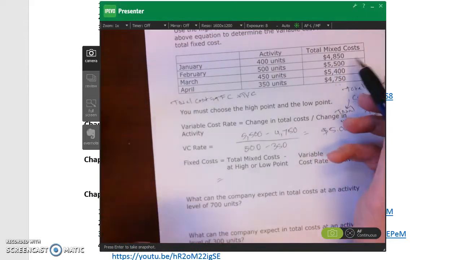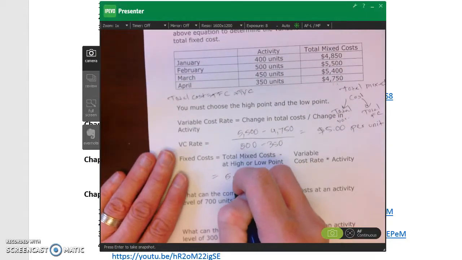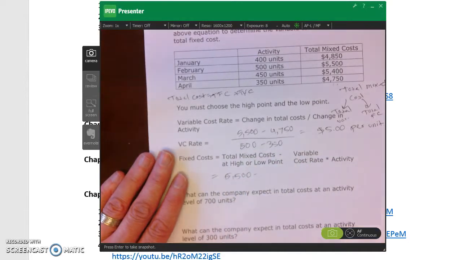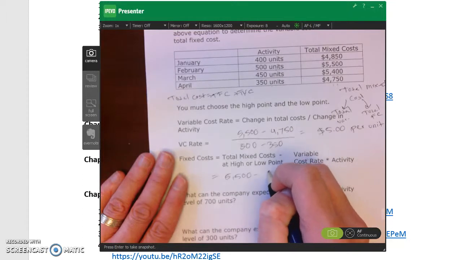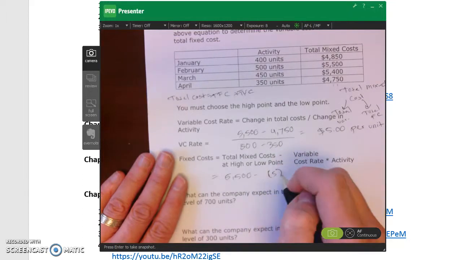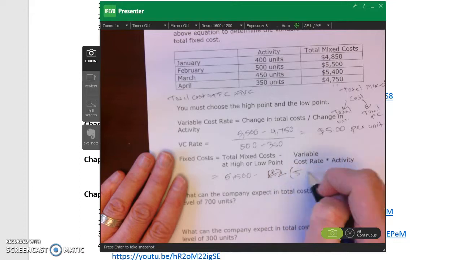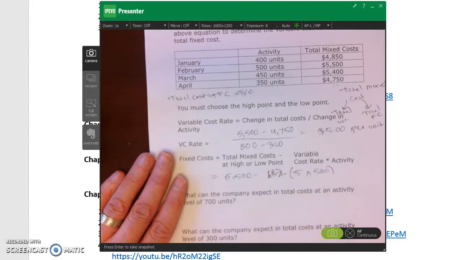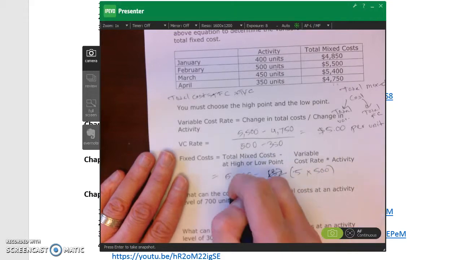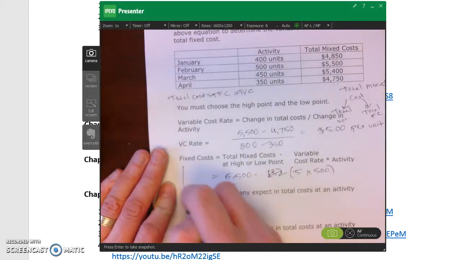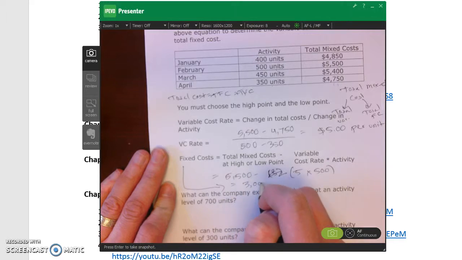So I'll choose the high, 5,500. And what would be my total variable cost at 500 units? Well, it's going to be my $5 per unit times my 500, which is my level of activity. So what that will give you is your fixed cost, which is $3,000.